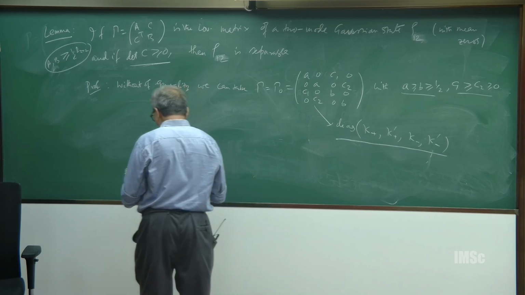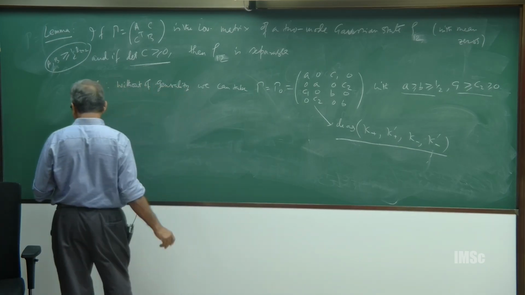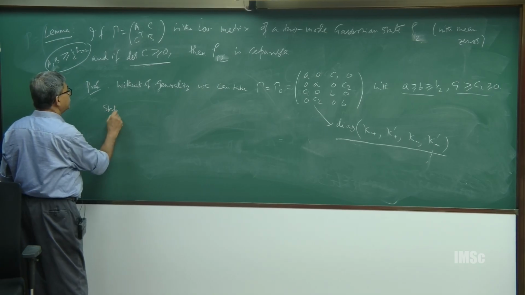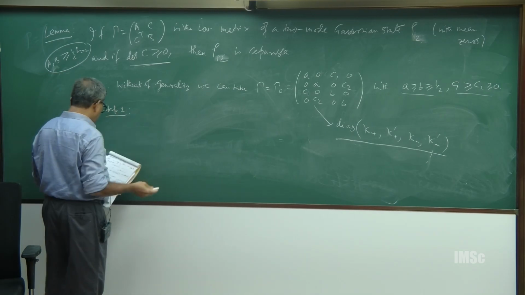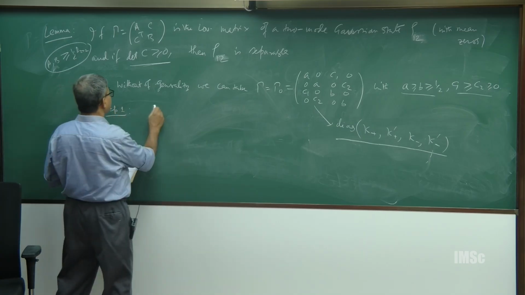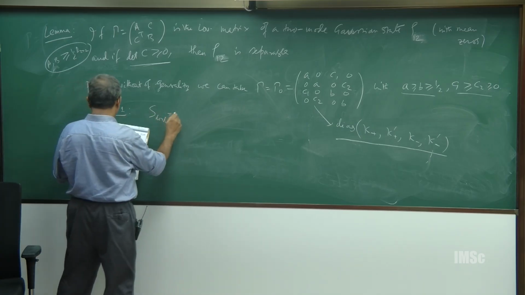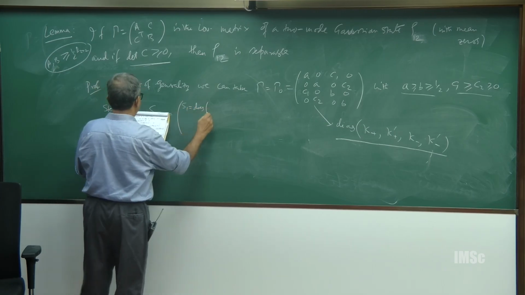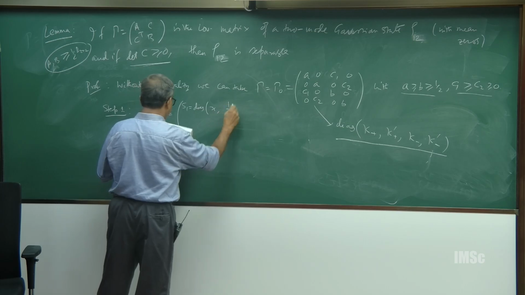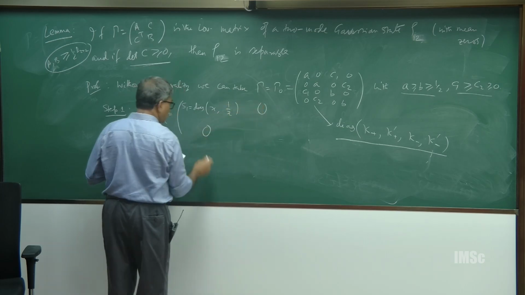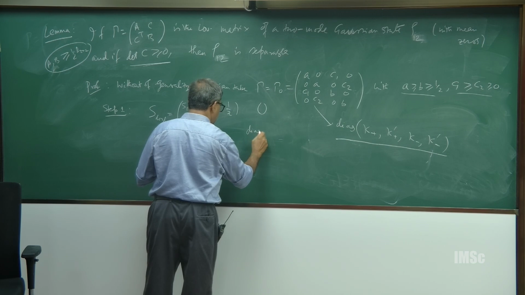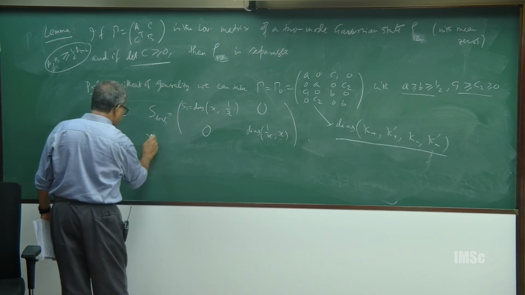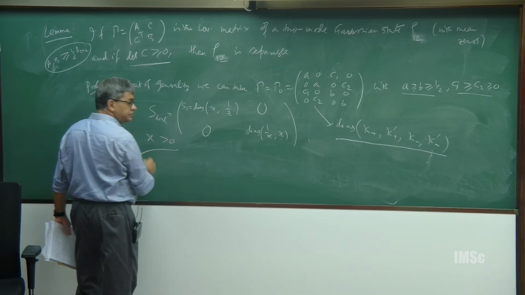Okay. So, what is it that you need to do? Let us take step 1. You apply this S local, which is S 1, diagonal x and 1 by x, this is 0, this is 0, and this is diagonal 1 by x and x, where x is a positive number.